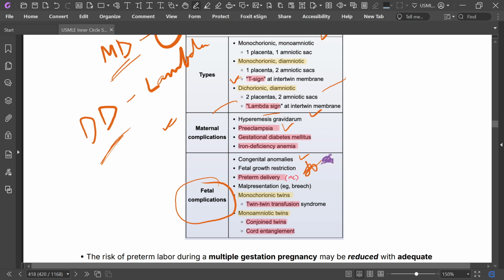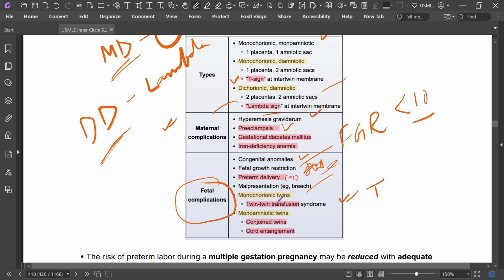Look, fetal growth restriction, very high yield topic. Fetal growth restriction means weight is less than 10th percentile. Fetal growth restriction and preterm delivery can happen, and malpresentation like breech. And in monochorionic twins, there is twin transfusion syndrome.